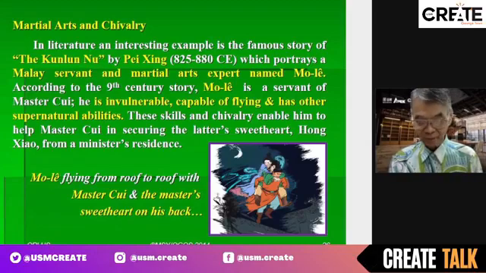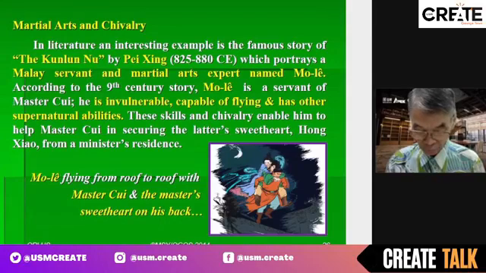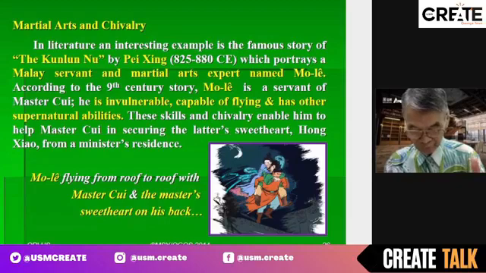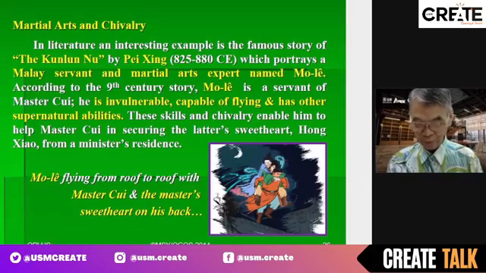I have managed to find this illustration from the internet. The illustration shows Mole flying from roof to roof with his Master Tui and the master's sweetheart, Hong Zhou, on his back.